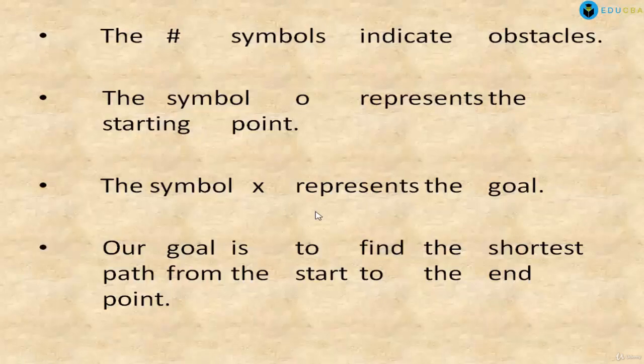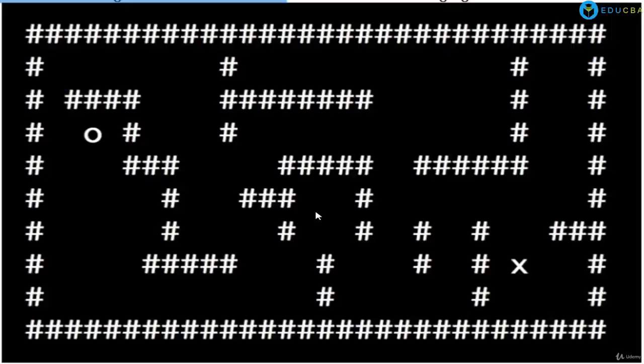Now what is our goal? Our goal is to find the shortest path to reach that X position. And we are using here the A star algorithm in which we are using heuristic search technique. So this is our example in which we have to find the minimum, shortest, optimal path for reaching our target.